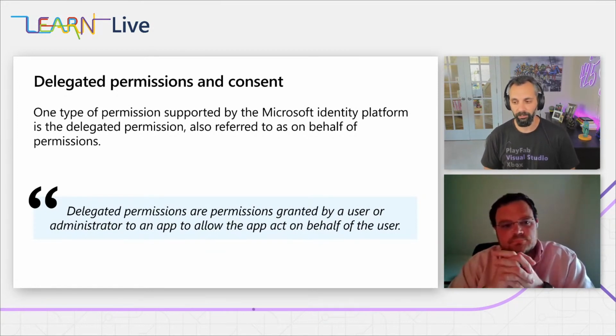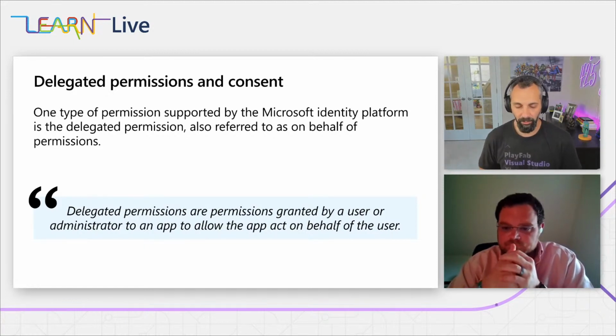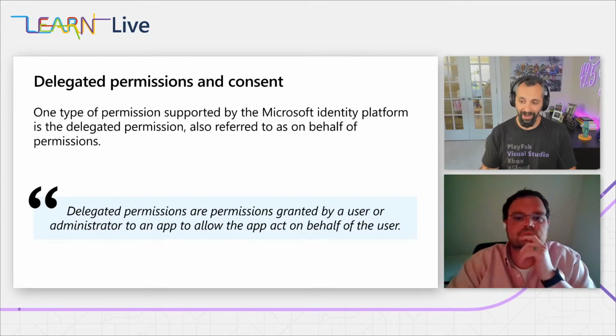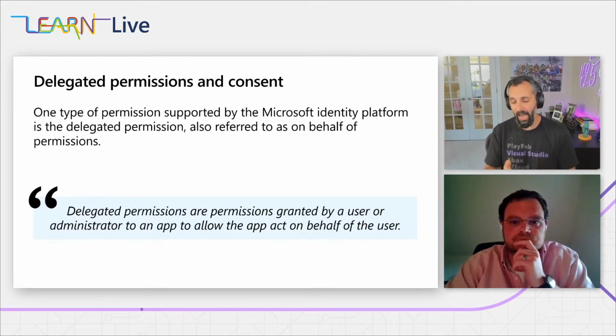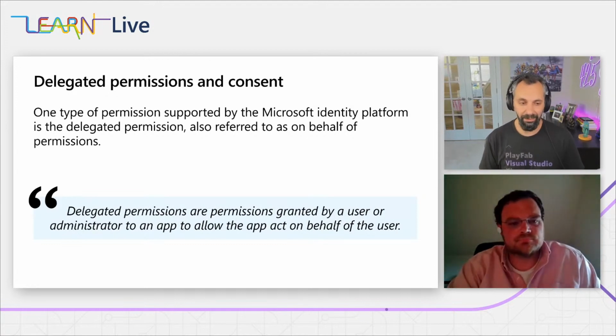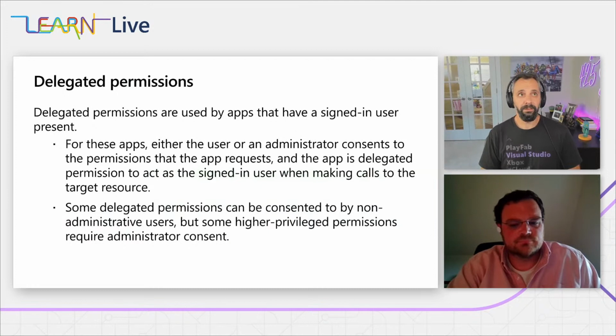We don't want to confuse you with the on-behalf-of flow as part of OAuth. So delegated permissions is when you as a user go to a web app or a mobile app and say, yeah, I want this application to go and read my calendar so I can get meaningful information. And they're used by apps that have a signed-in user. That's very important.